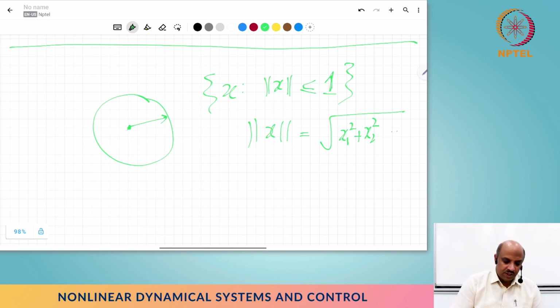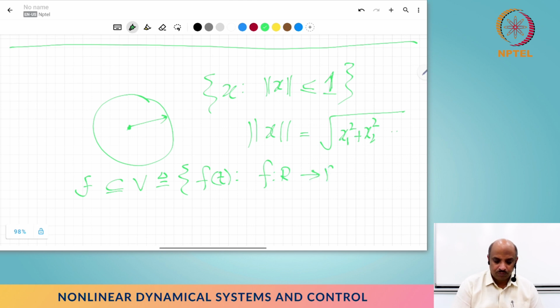Now, if it is, on the other hand, a function space, right? F is a subset of some vector space which is defined to be all functions going from, I don't know, R to R, right?